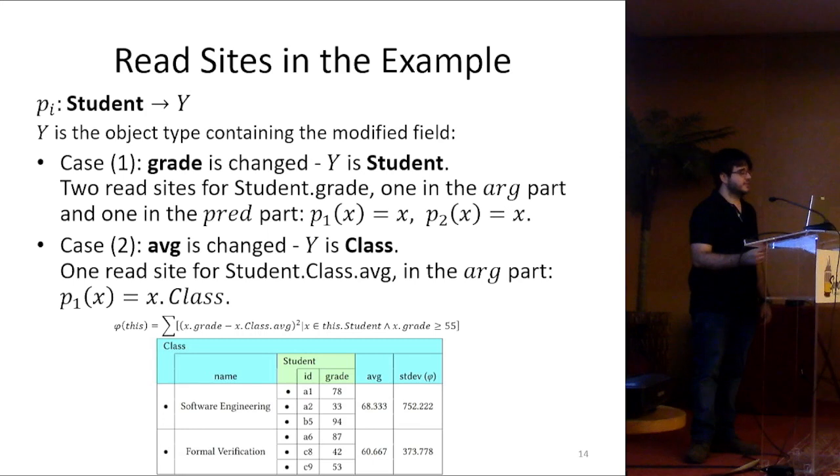In the second case, some AVG is changed, and AVG is in class, so Y is class, and AVG is found once in this formula, in the arg part. So in that case, the read site will take us from x to x.class, because it takes us from the student to the student.class.